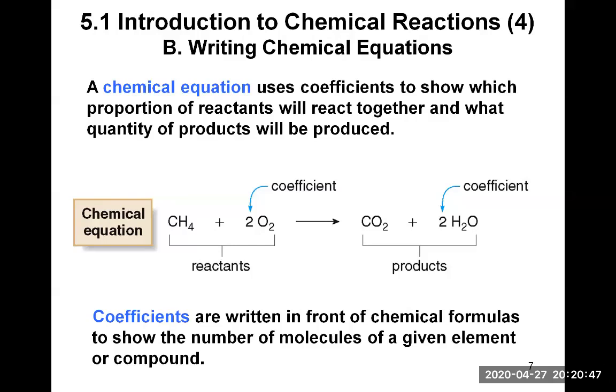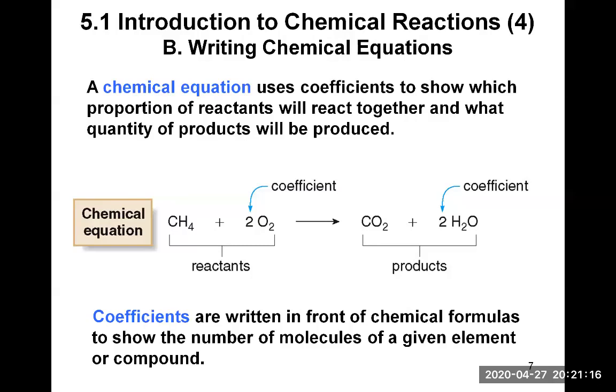Coefficients are written in front of chemical formulas to show the number of molecules of a given element or compound. In the example of the combustion of methane here, we have a coefficient 2 in front of the molecule of oxygen. It says that one molecule of methane will react with 2 molecules of oxygen to make 1 molecule of carbon dioxide and 2 molecules of water.